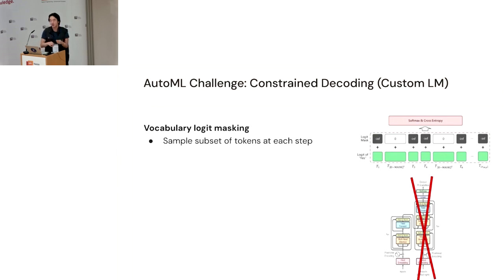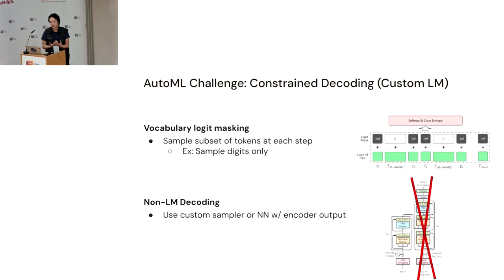So you can just sample the digits only. And also, you don't have to use a transformer-based decoder. You can always use a custom sampler or a neural network with just a transformer encoder, right? This is a very common thing. For example, I'm just going to use the pre-trained English encoder and attach it with an MLP to always obtain an actual floating point output.